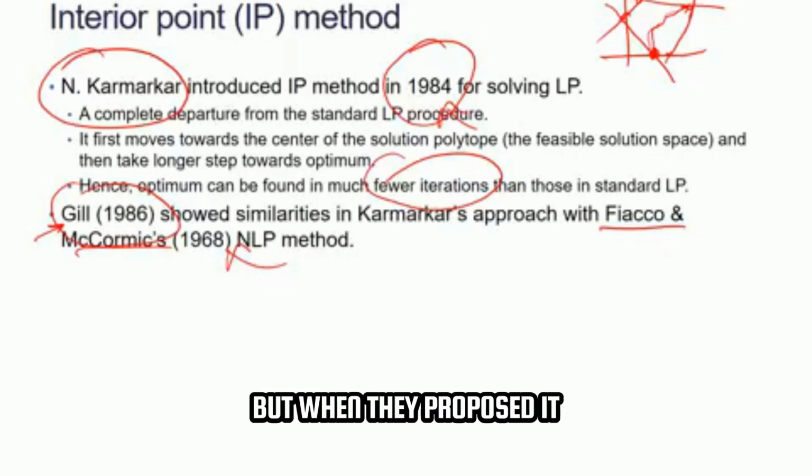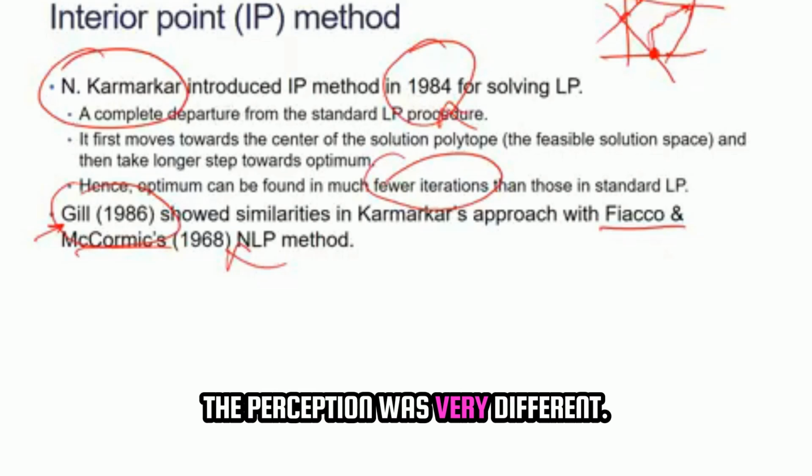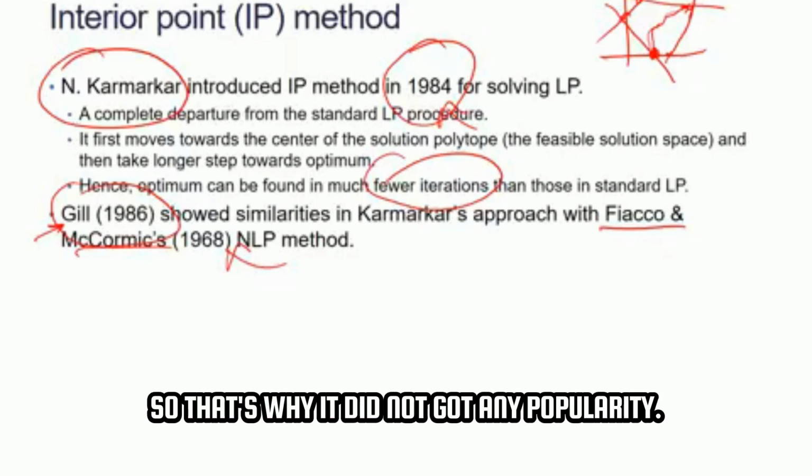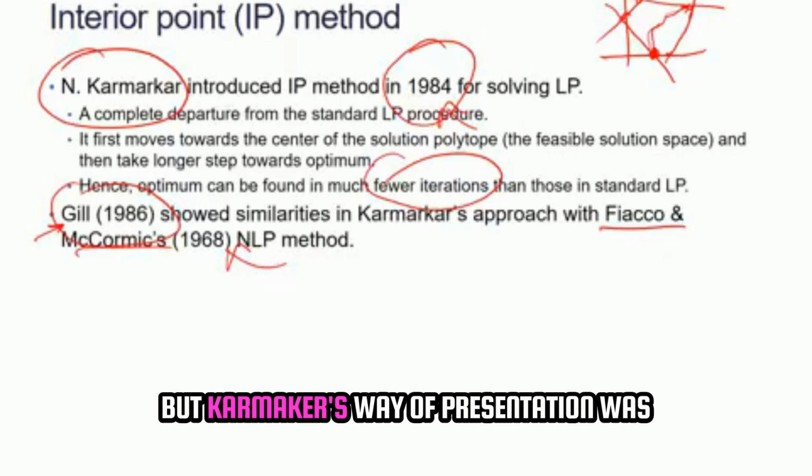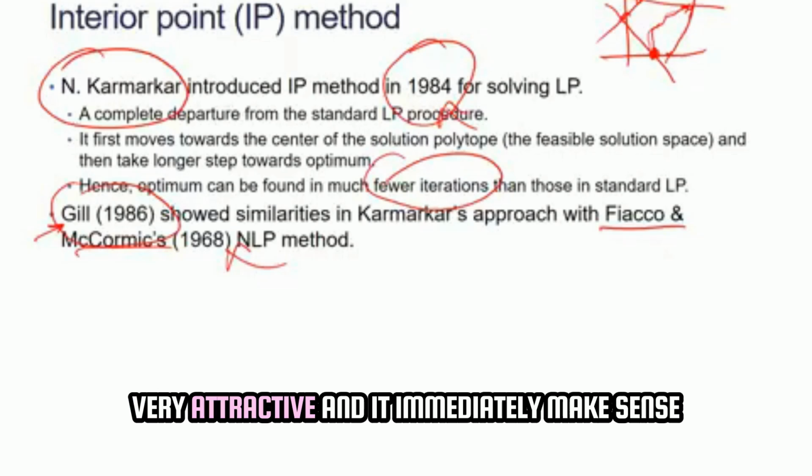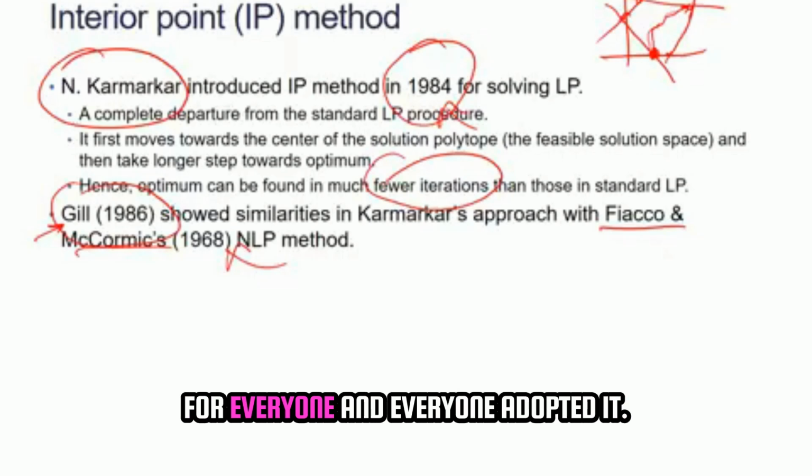But when they proposed it, the perception was very different, so it did not get any popularity. Karmarkar's way of presentation was very attractive and immediately made sense to everyone, and everyone adopted it.